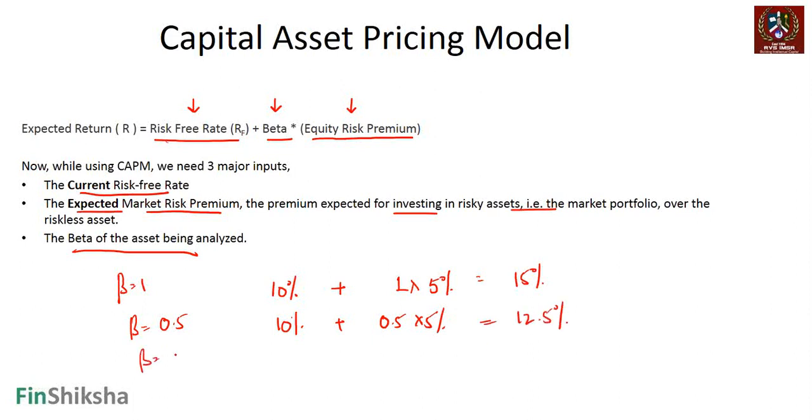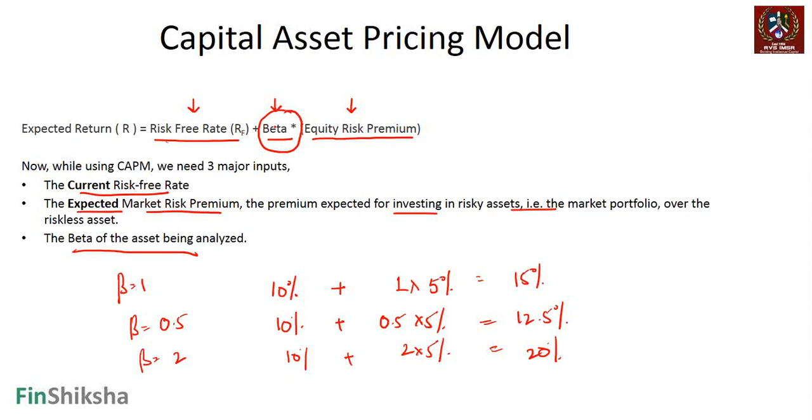And a stock which has a beta of 2, we would want a return of 20%, because we perceive the risk as higher. That's the broad contour, and each security is defined by one single parameter, which is the beta.